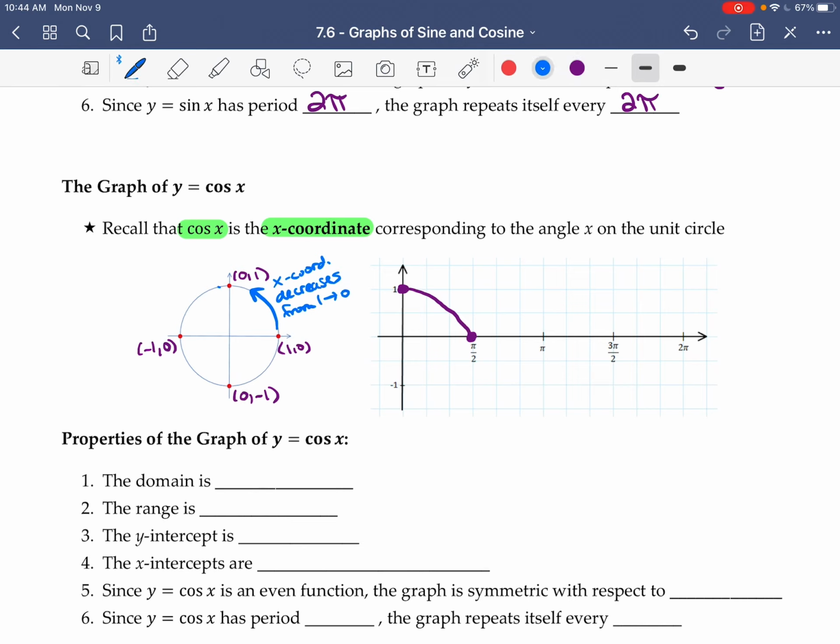And then as we go from here, the x values decrease some more because now they're getting negative. So they're going from 0 to negative 1. So at pi, we're at negative 1, and we decrease to get there.